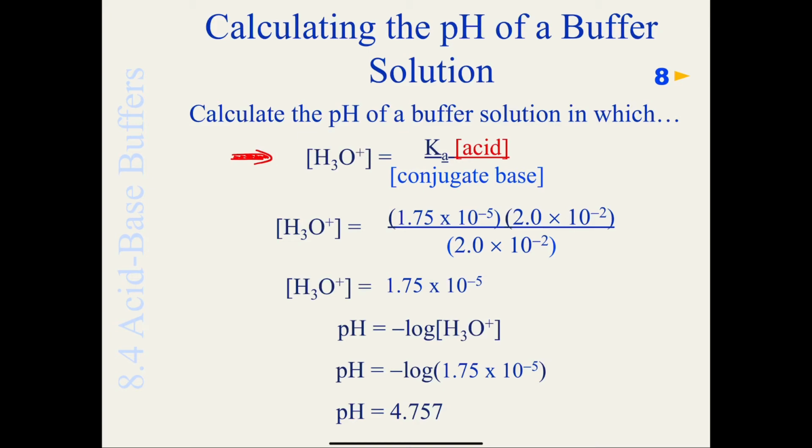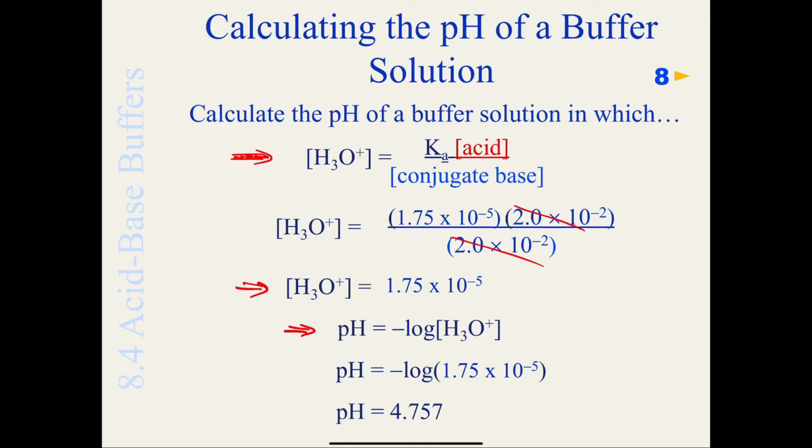When I use this formula, the concentration of hydronium equals the Ka multiplied by the concentration of my weak acid, in this case acetic acid, divided by the concentration of my conjugate base, in this case the acetate ion. When I plug the numbers in, here's my Ka, 1.75 times 10 to the minus 5. I see that when the concentration of my acid and my conjugate base are equal, they cancel out, and the concentration of my hydronium is equal to my Ka. I plug that into my expression, pH equals the minus log of the concentration of the hydronium.